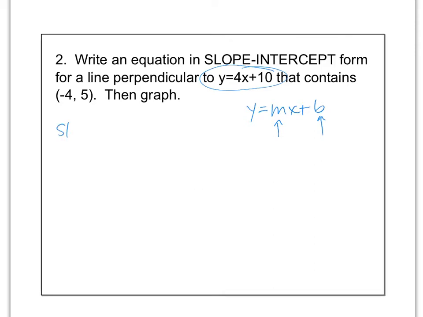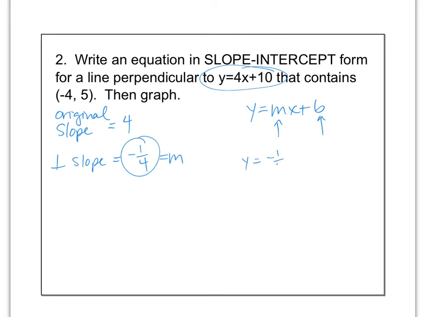So the original slope was 4. But the perpendicular slope to that, you flip it and switch the sign, is negative 1/4. That's going to be our new m. So we know our equation is going to be y equals negative 1/4 x plus b. And now we need to find b.